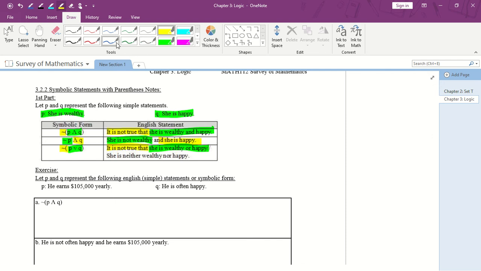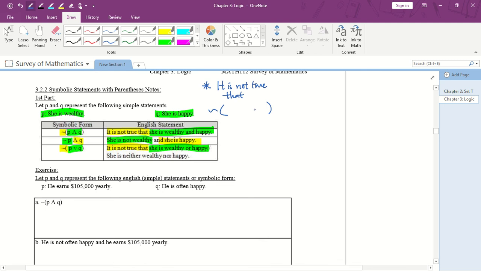Okay, so there's a keyword here, key things that you need to know. If there's the phrase it is not true that, it means that we have the whole thing negated. When there's the negation with the parenthesis, we always use it is not true that.